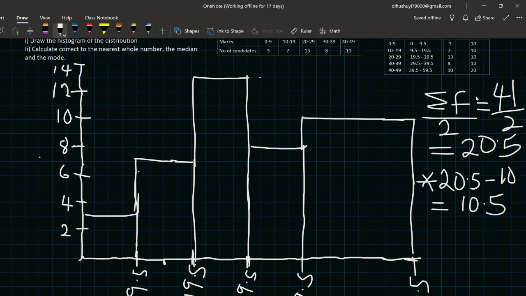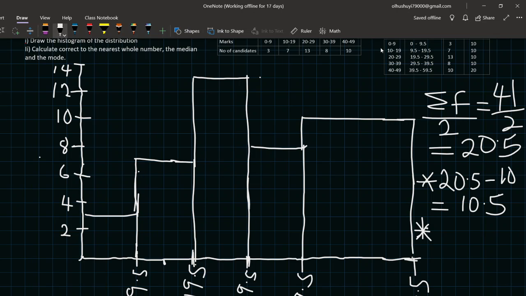We are not done. We come again. Now, you are not going to add, you are going to subtract the cumulative frequency of the median class. What's the cumulative frequency of the median class? This is the median class, right? The cumulative frequency at that point will be 3 plus 7, 10 plus 13, that is 23.